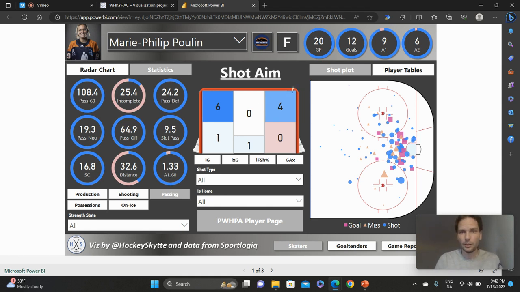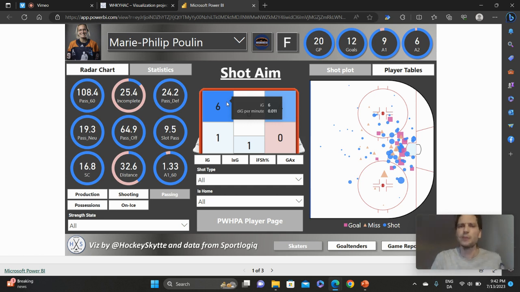Now, just one comment on this. The background coloring is based on a delta value that I have calculated. So this is basically delta individual goals per minute equals 0.011. What does this mean?